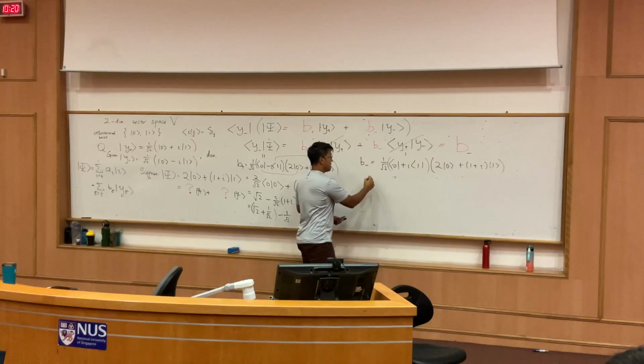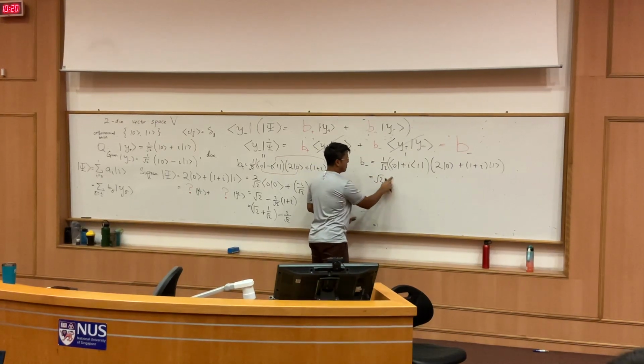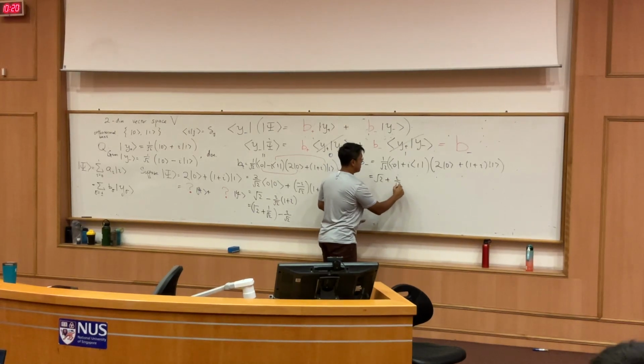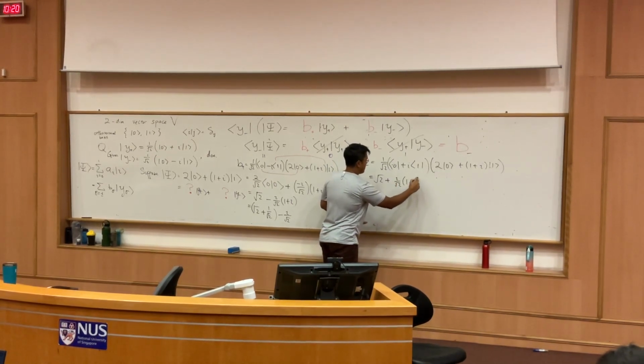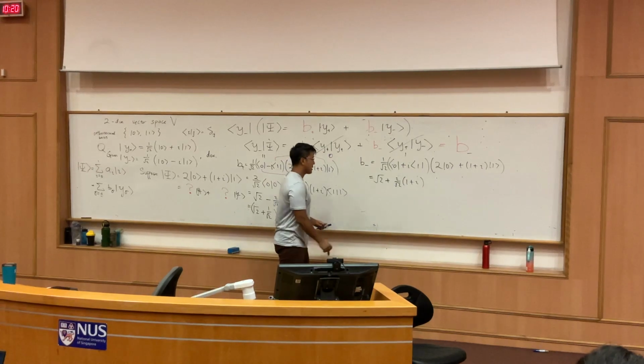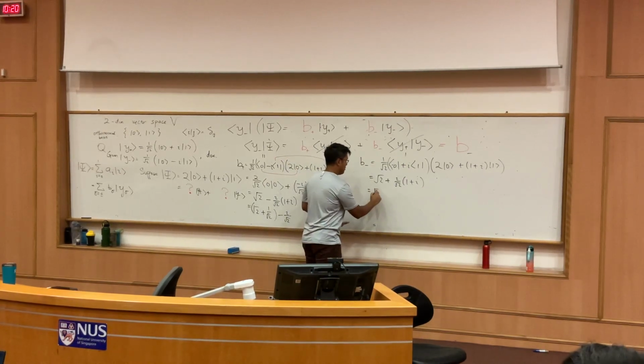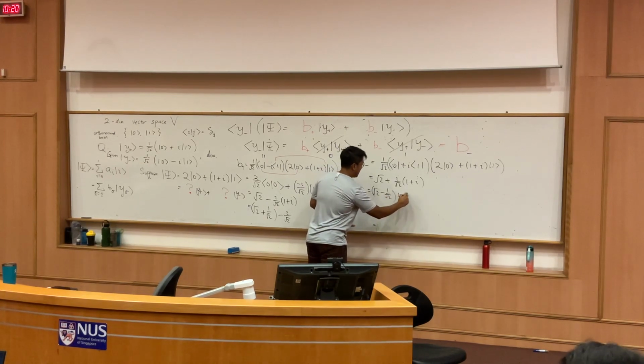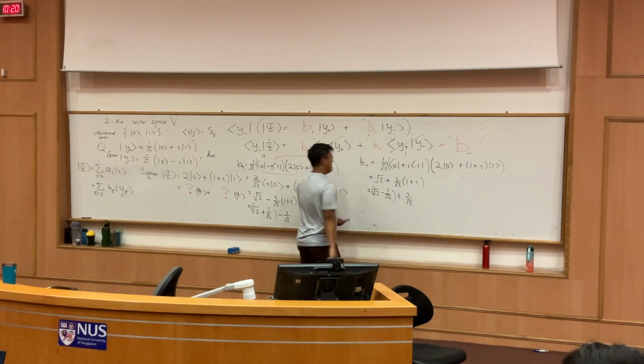And okay, let's just do it. Square root 2, and then we get plus i over square root 2 times 1 plus i. And therefore we get square root 2 minus 1 over square root 2 plus i over square root 2.